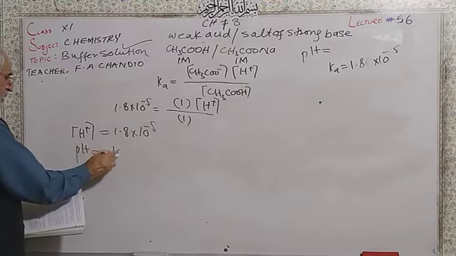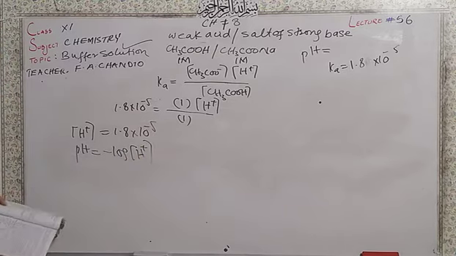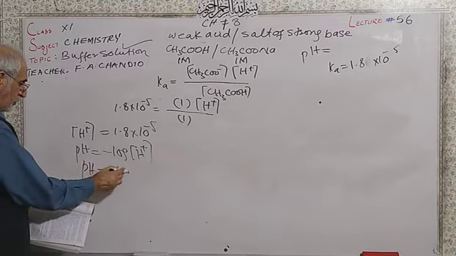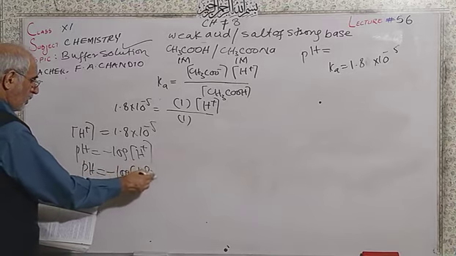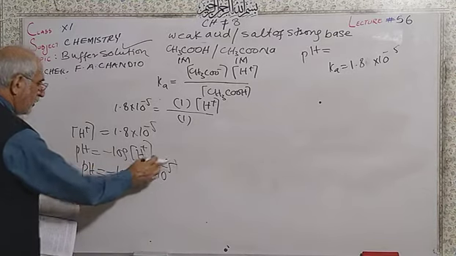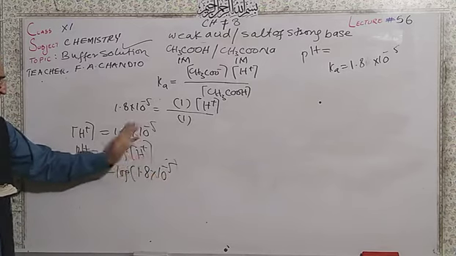pH is equal to minus log of hydrogen ion concentration. So put the value. This is minus 5, so the log power is gone.